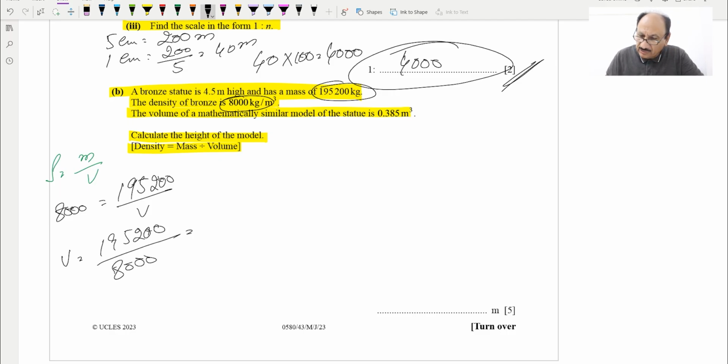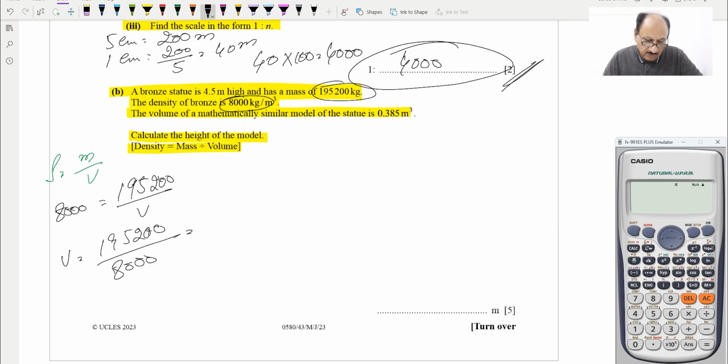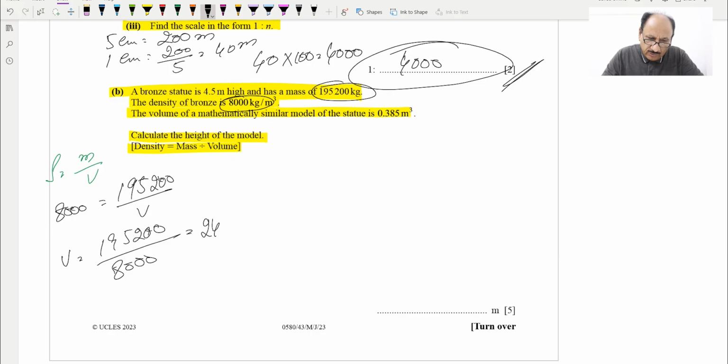So this is how we can calculate first the volume. So 19500 over 8,000 is equal to 24.4. So 24.4 is volume of this bronze statue, and the volume of the other statue is this much.